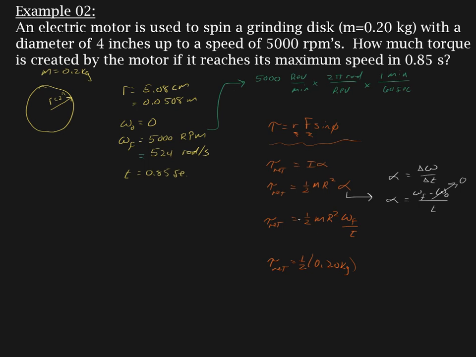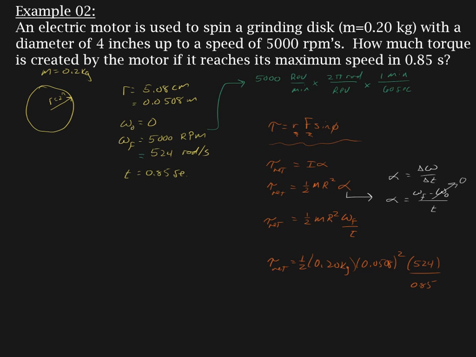The radius we said was 0.0508 meters. That'll be squared. Omega final was 524 radians per second, and that would be divided by the 0.85 seconds.